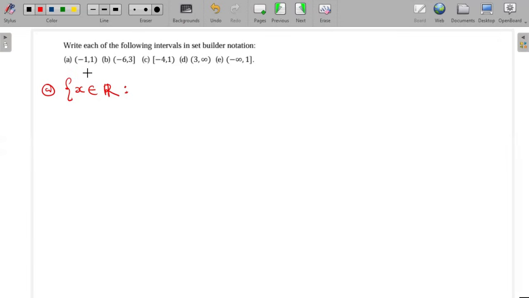And you see there are open parentheses, so it's going to be strictly less than. So here you have -1 less than x, and then x less than 1. This is how it's going to be.